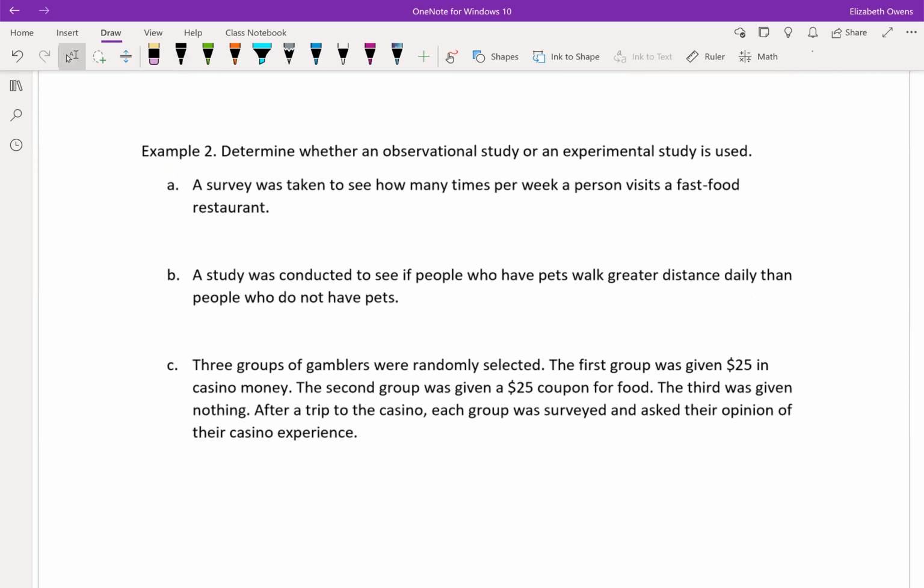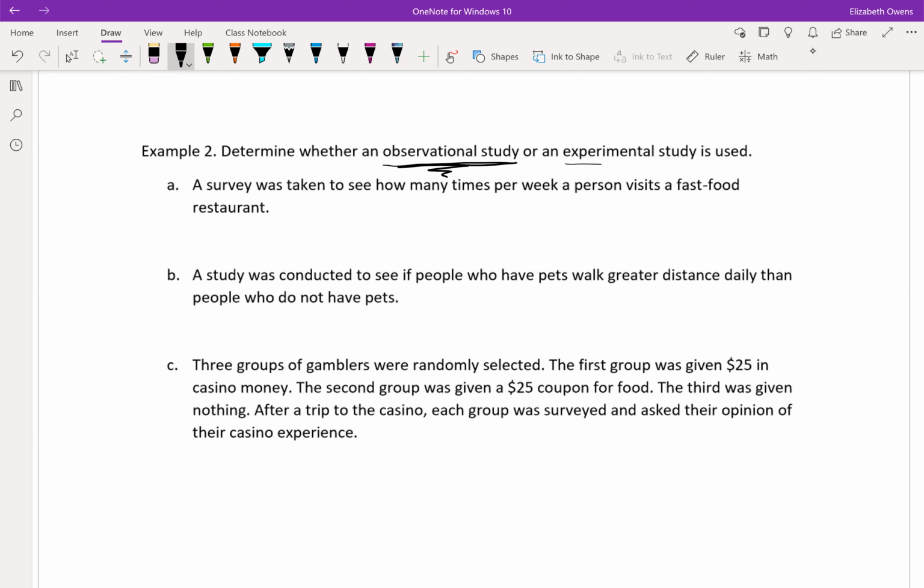Okay, now we'll look at example 2 down here, where we'll determine whether an observational study or an experimental study was used. In our first study, a survey was taken to see how many times per week a person visits a fast food restaurant. That's it. Remember, in observational studies we are not influencing the outcomes. We're not manipulating any variables.